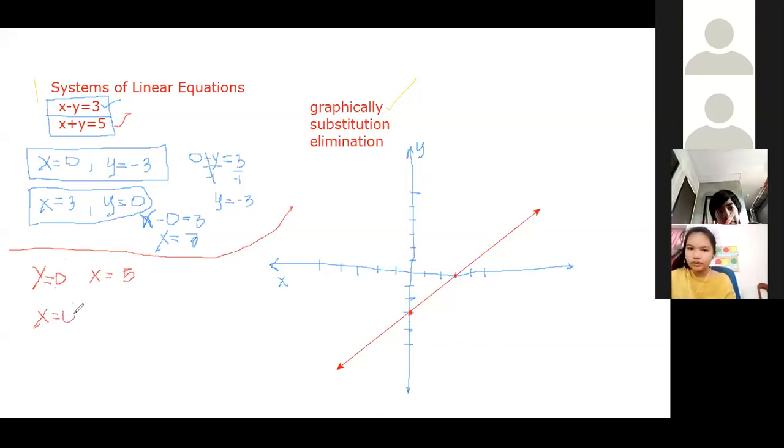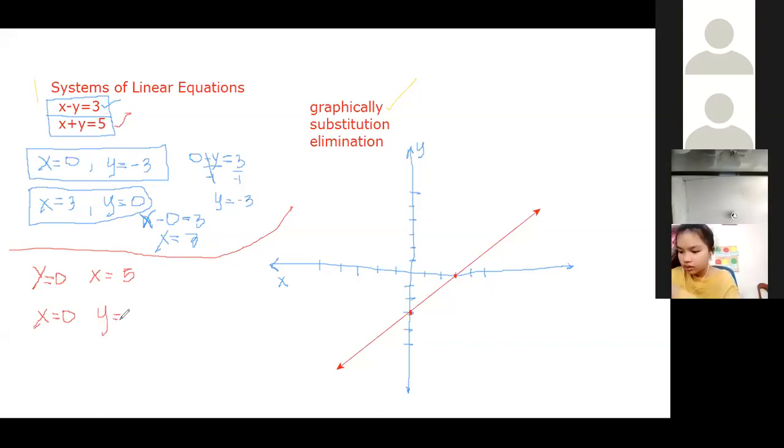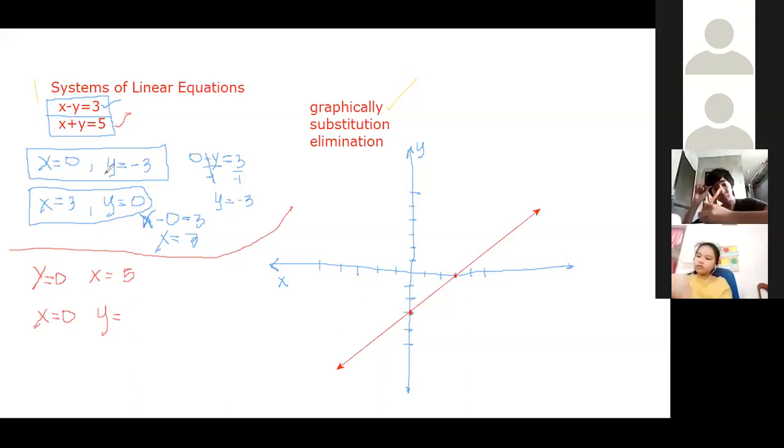Baliktad. Sir, always gonna 0? Yes. Then solve for y. Now, what's the value for y? All right. So if x is 0, ilang value ni y? 5. All right. So therefore, this is now our intercepts.